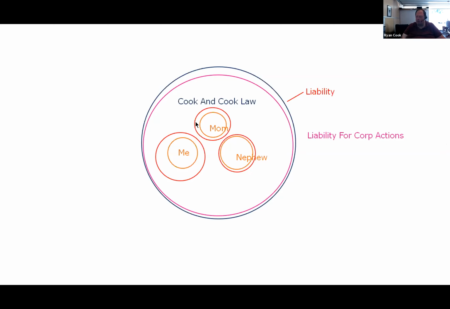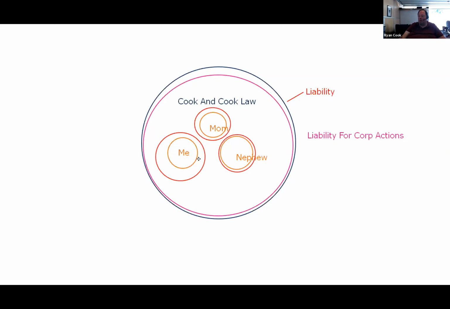In other words, these are for my actions. These are my cases. These are my nephew's cases. These are my mom's cases. But there are things like somebody walks into the law firm and trips. There are common areas, if you think about it. There are things that we have jointly, and we each share that liability based on our percentage. So there are some that we do share.